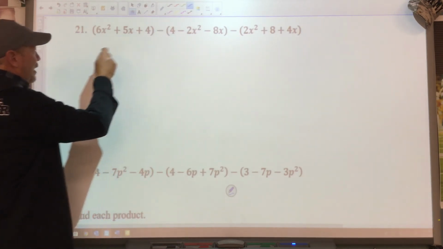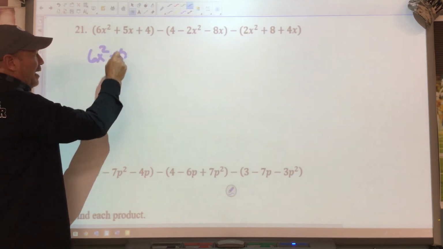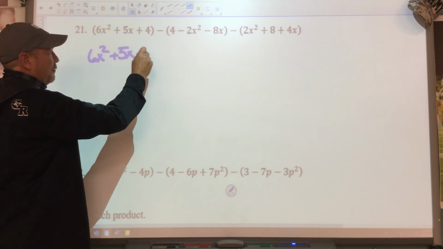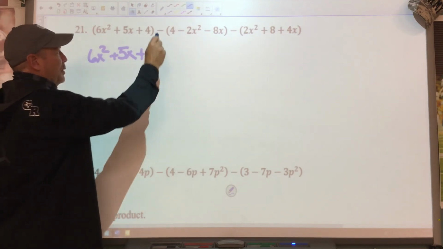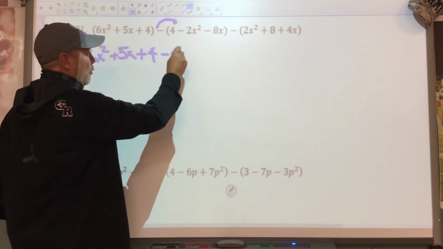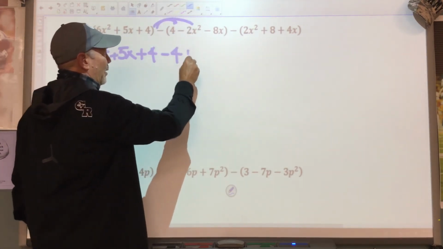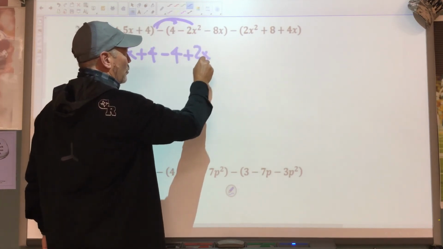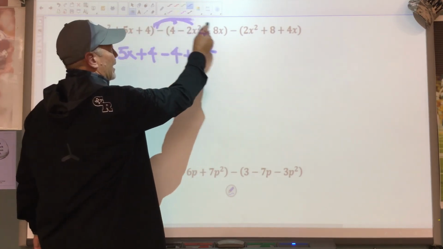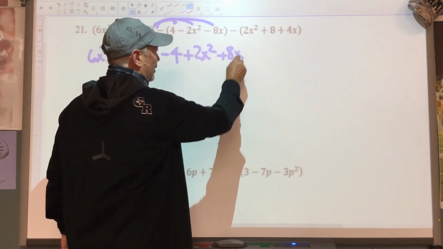So I've got 6x squared plus 5x plus 4. But when I distribute the negative, a negative times 4 makes that a negative 4. A negative times a negative makes that a positive 2x squared. A negative times a negative makes that a positive 8x.